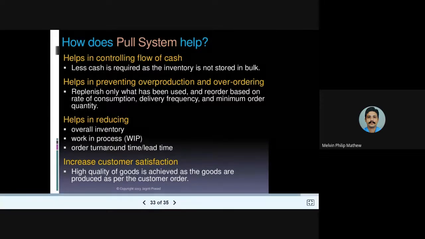Next, order turnaround time or lead time. The pull system helps in reducing order turnaround time or lead time. Order turnaround time is the time it takes for a delivered product to be returned.